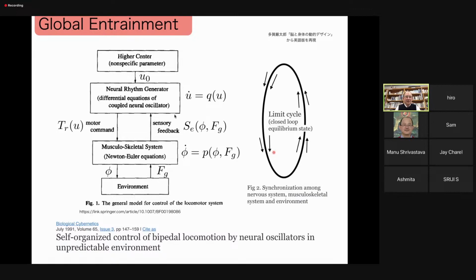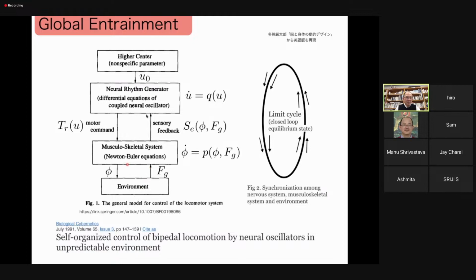There are two differential equations. One is the musculoskeletal system. Muscle repeatedly moves, and it can be described by a nonlinear differential equation. It connects to its environment, so the force reaction and then control happen. It can be described by the Newton-Euler equation.